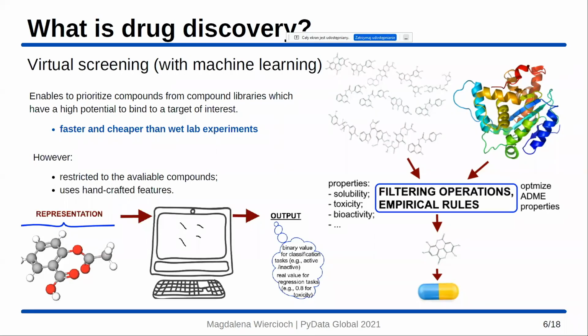And here you can see an example of the output of such algorithms. Depending on the task, we can say that we work on a regression or classification problem.